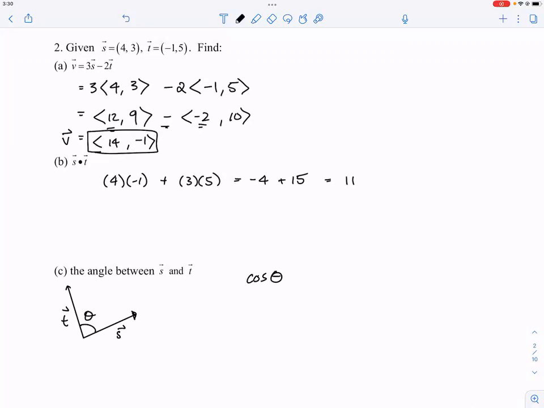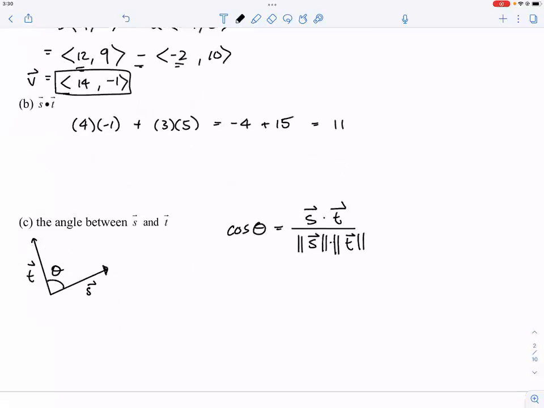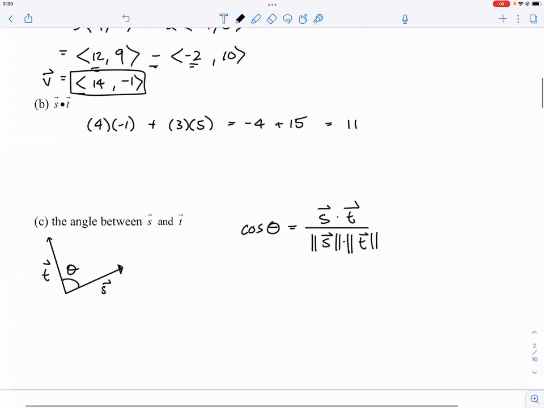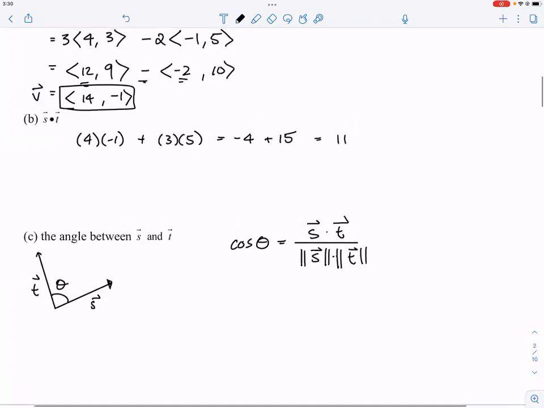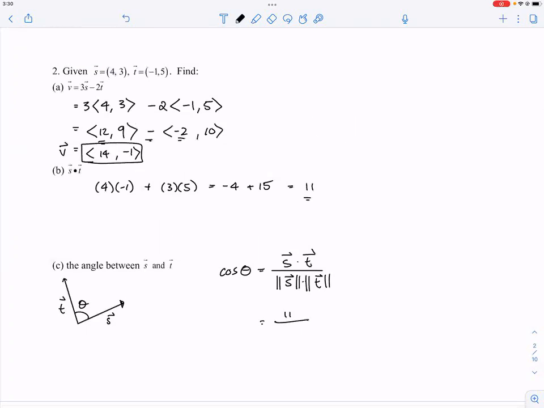So with this, all I need to do is to find out the dot product for the numerator, and then need to multiply by the magnitude of the two vectors together to equal to cosine theta. So we have the dot product, which is 11. So I can put the 11 on top. And for the magnitude, let me go ahead and write it here.